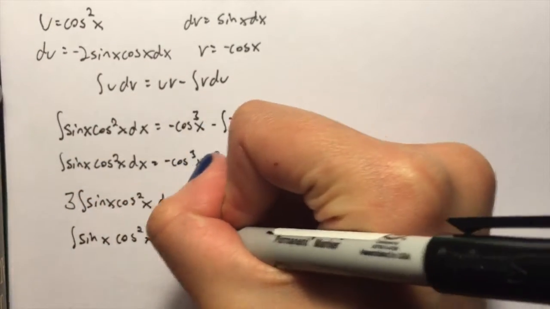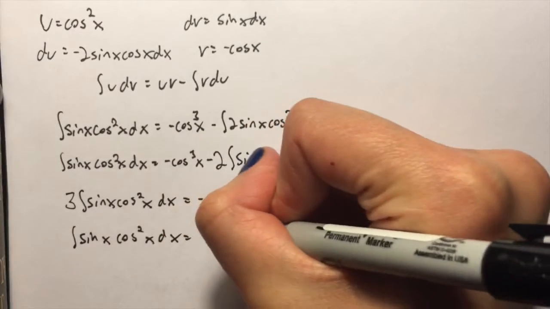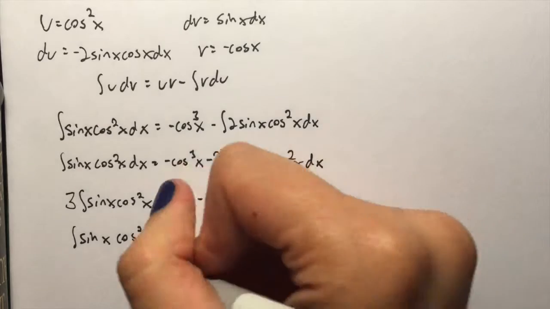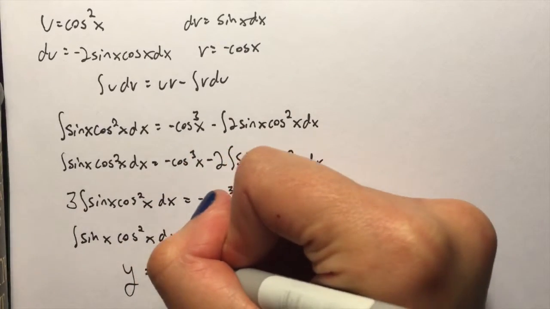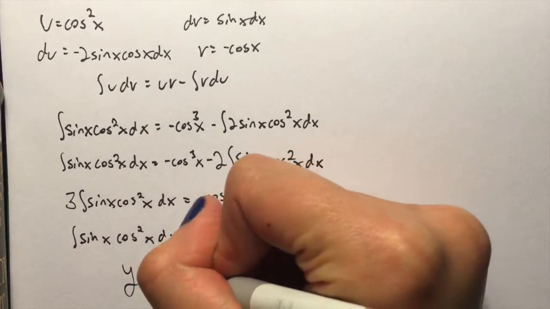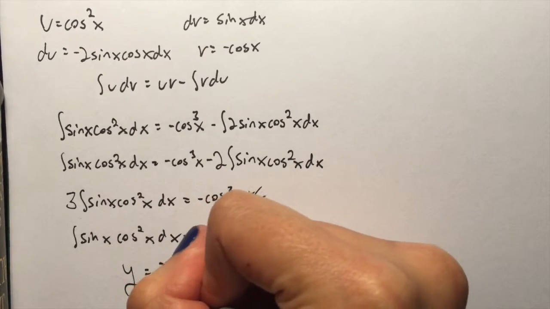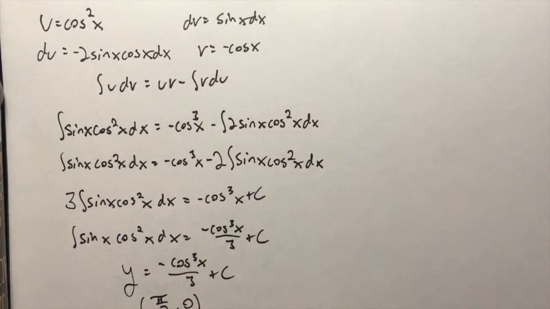And if you just divide over the 3, you get your integral as negative cosine cubed x over 3 plus c. That way, y is equal to negative cosine cubed x divided by 3 plus c. And now all you have to do is plug in your initial condition of (pi over 2, 0).